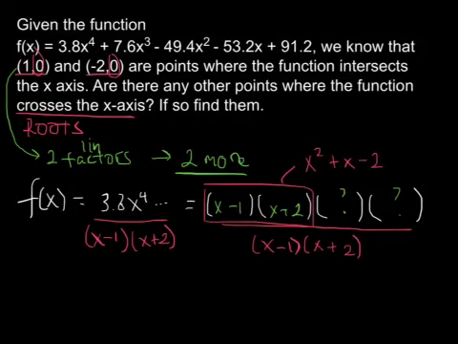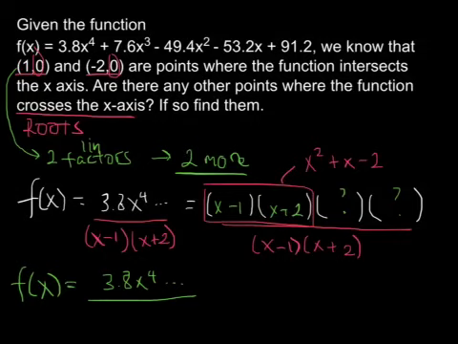So to show where we're at, we have f of x is 3.8x to the fourth, and we're going to divide it by x squared plus x minus 2.